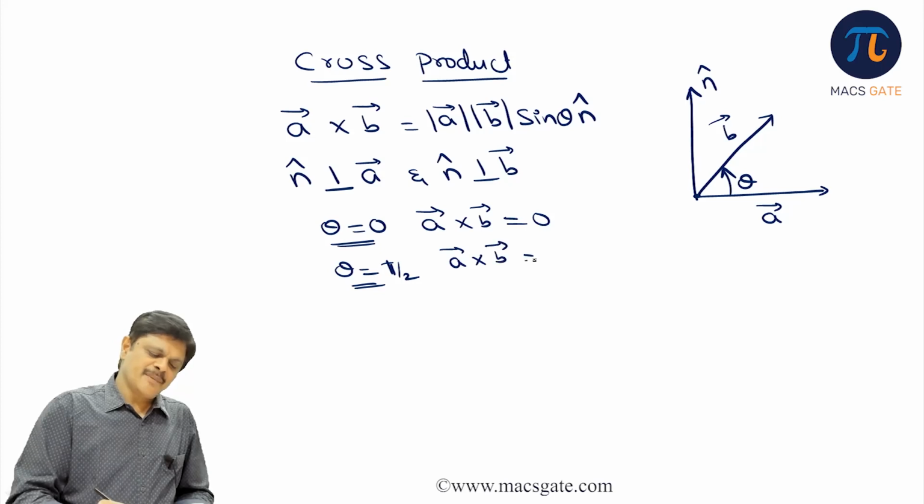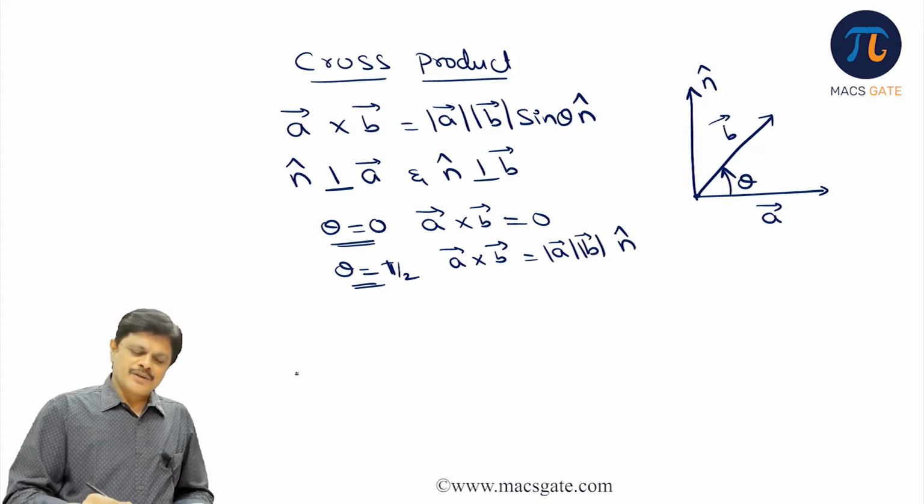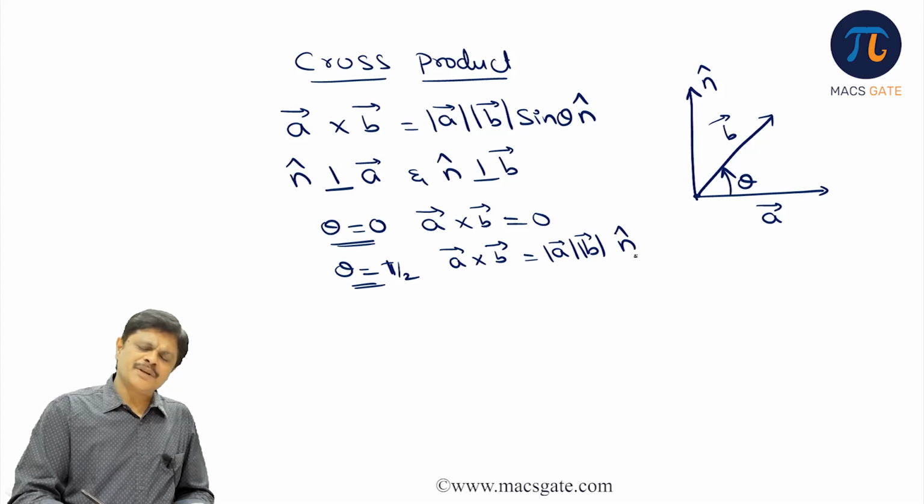It would be the length of A into the length of B into the unit vector n hat, or simply we call it n. From now on, every time I write n hat, it would confuse you. Is that clear? Now this will give you interesting results.